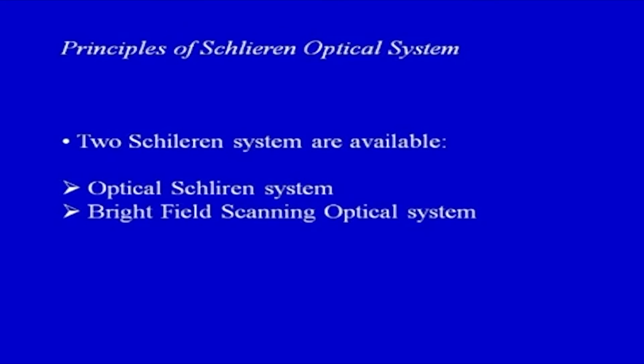So, two Schlieren systems are available, one is the optical Schlieren system called OSS or the bright field scanning optical system. In the first one, the optical Schlieren system, the deviated light is passed through an inclined Schlieren diaphragm and a cylindrical lens, as I have shown you.